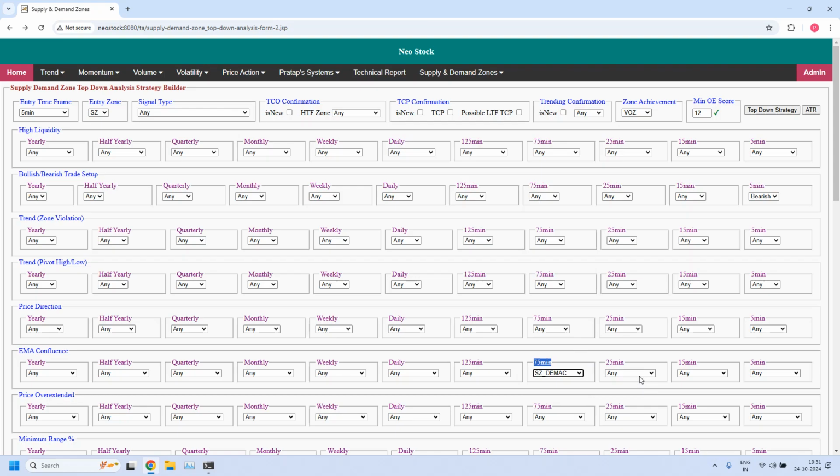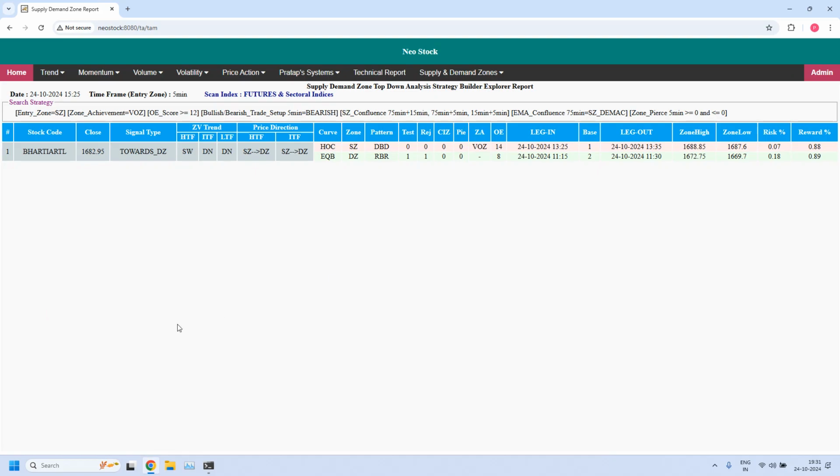Why 75 minute supply zone? Because 5 minutes and 15 minutes together again, they are part of the 75 minute zone. And the 75 minute zone trend is downtrend. 2 stocks. And if they are having EMA confluence, it is an even more high probability setup. So one stock is filtered, but the 75 minutes trend is sideways.